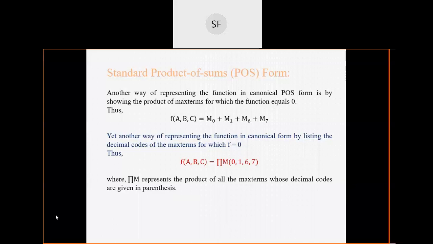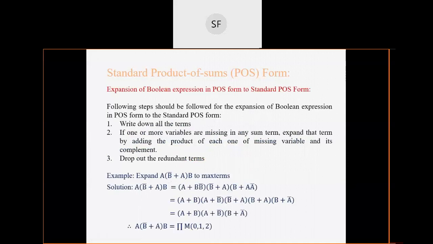Now we will see one example of product of sum. Again you have to follow the same steps. If you want to convert your product of sum form to the standard product of sum form, you have to follow these 3 steps. First step is you have to write down all the terms. I will explain side by side with this example.